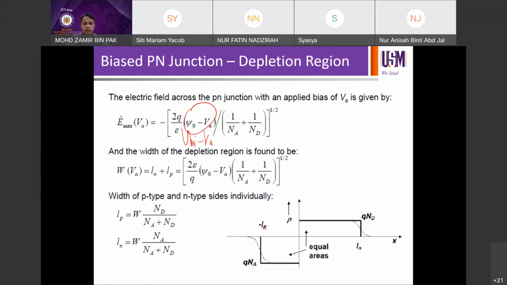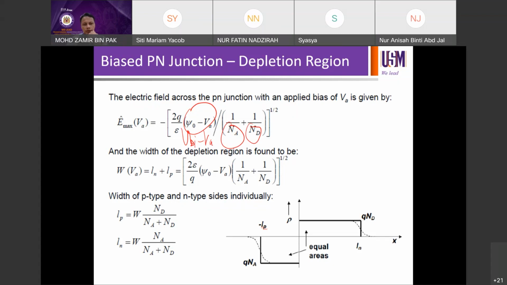So VBI minus VA is basically the new level of the voltage, times the summation of 1 over NA plus 1 over ND. So that will give you the electric field under this biasing condition.